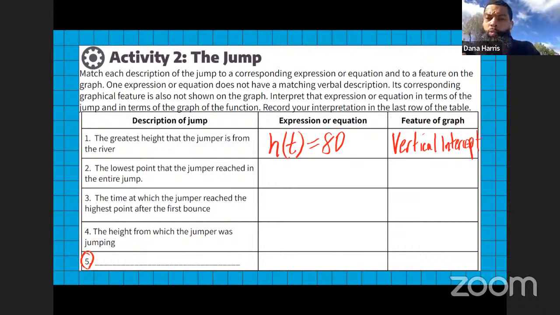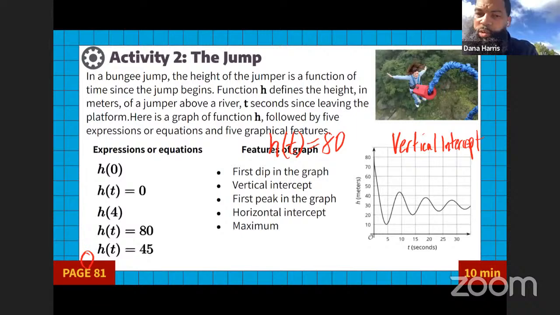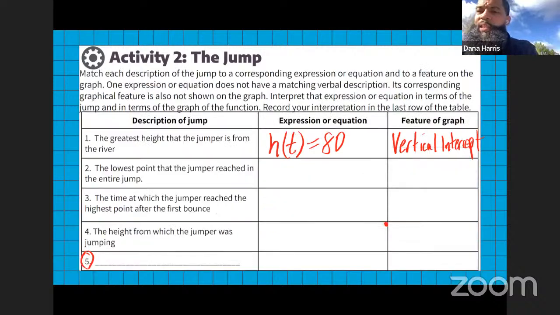Number 2, it says the lowest point that the jumper reached in the entire jump. So after that initial jump, they're going to go to the lowest point because that's when the bungee cord is going to stretch out all the way. If you look at the graph, that lowest point is right here, okay? And notice it's approximately after 4 seconds. So you're going to see me keep going back and forth between the graph and these descriptions.